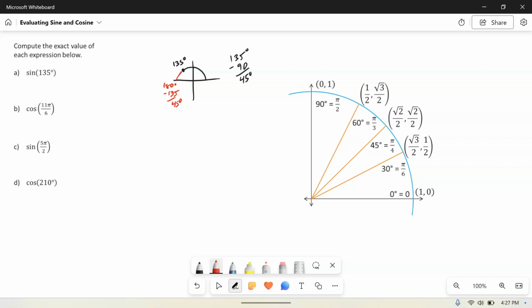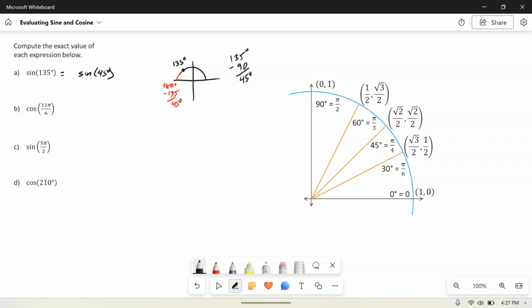Okay, so when we're trying to compute the sine of 135, we could actually use the reference angle, which means we just need to compute the sine of 45 degrees. And then I need to apply the sign, whether it's positive or negative, in the second quadrant.